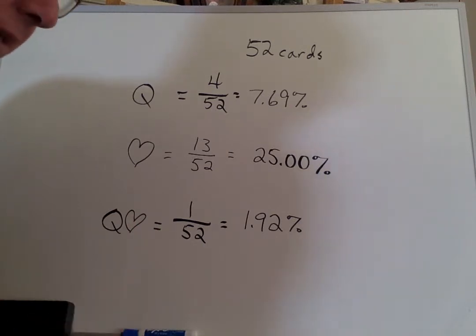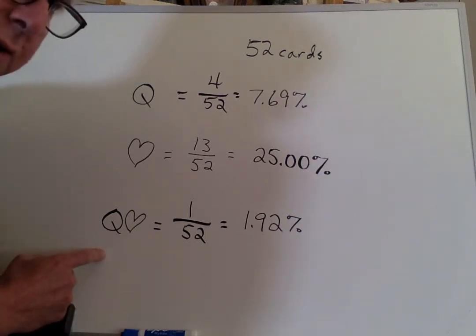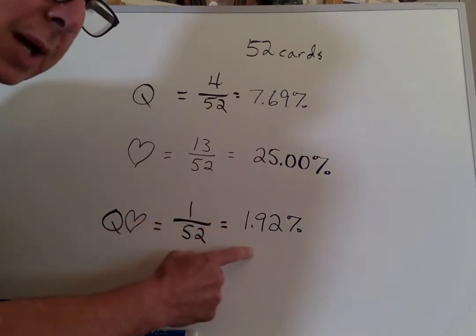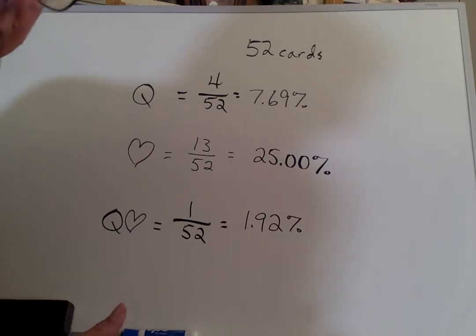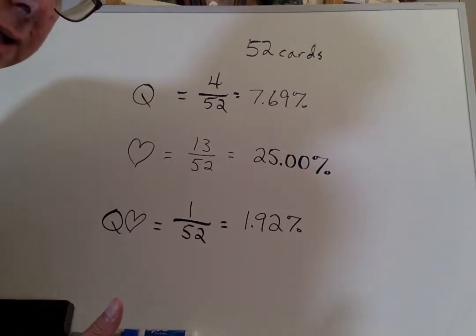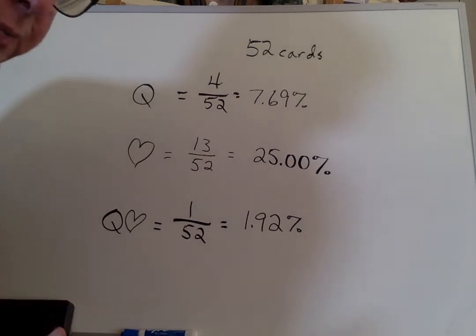Now, anytime you pull a card out of the deck, it could be the Queen of Hearts. I'm talking about probabilities, okay? There's a difference between possibility and probability. There is a huge difference between something possible and something probable.